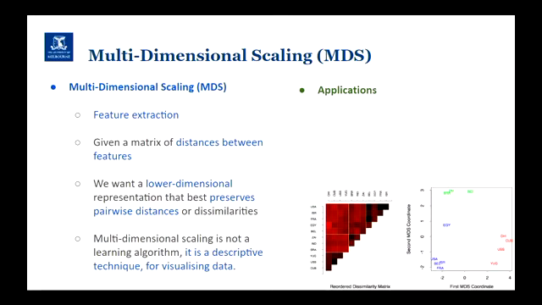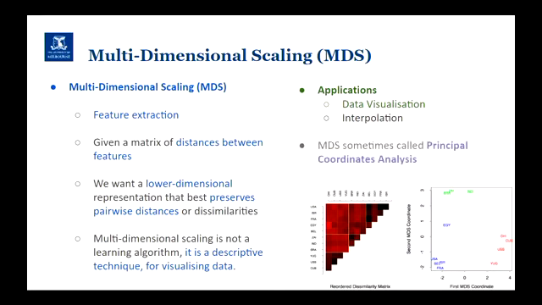So usually with MDS, we want to plot a graph, either in 2D or 3D. There are several applications, but the main one is indeed data visualization. MDS is also called principal coordinate analysis, not to be confused with principal component analysis, okay?